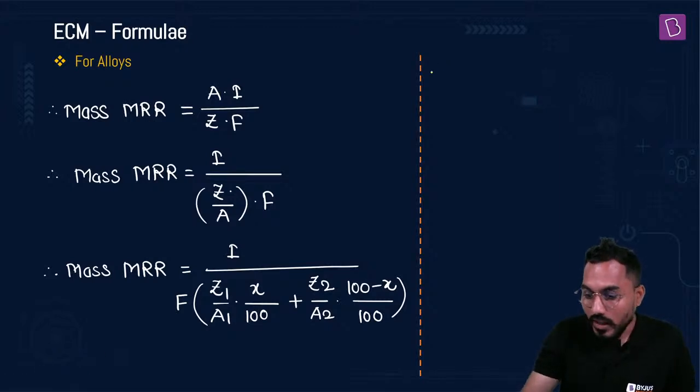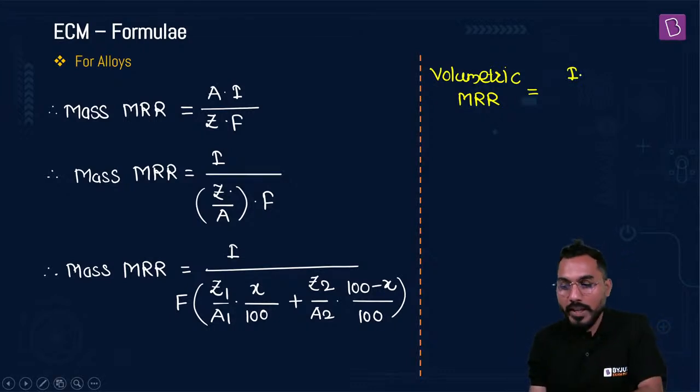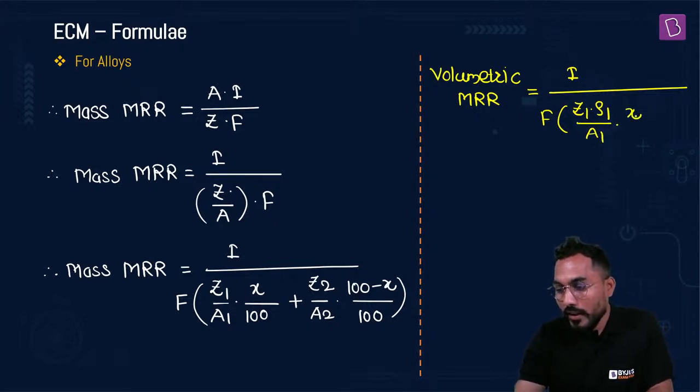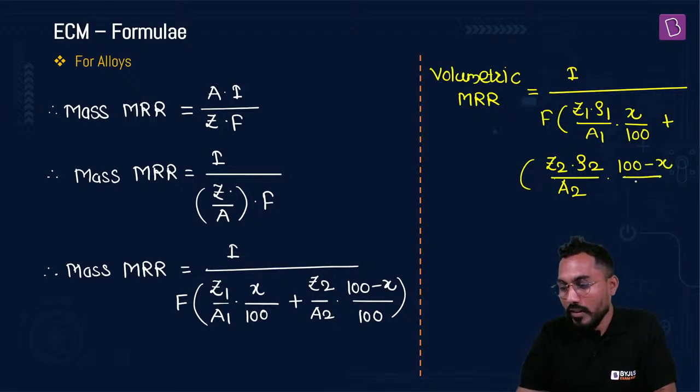I hope you are understanding this. Volumetric material removal rate: in the same manner, I'll keep current at the numerator, divided by the constant F, times the bracket Z1 into rho 1 divided by gram atomic weight A1 into X by 100, plus Z2 into rho 2 divided by A2 multiplied by 100 minus X divided by 100.